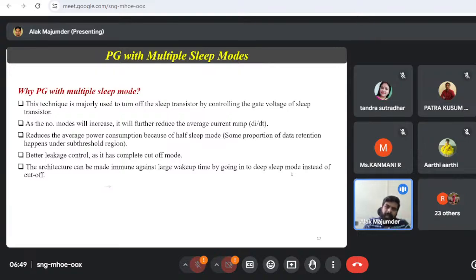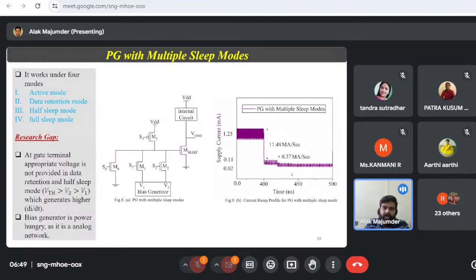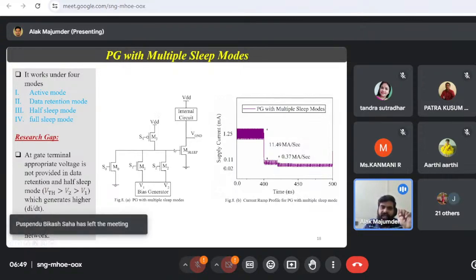From these methods, what we have seen is that the main objective of reducing that current shoot up is not solved properly. So people have gone to multiple step modes or multiple sleep modes. See, here there is another circuit. This is an internal circuit. This is the sleep mode. In all the previous modes, what is happening? We are trying to modulate the potential at the gate.